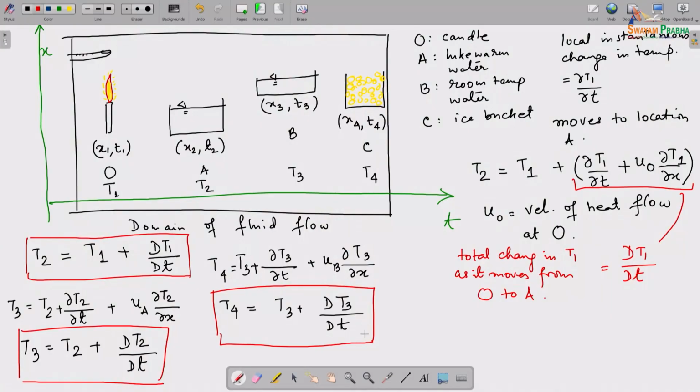Now, all of this when I see here, where is T1? Let me write down T1 also again. So essentially T2 is T1 plus dT1 dt.